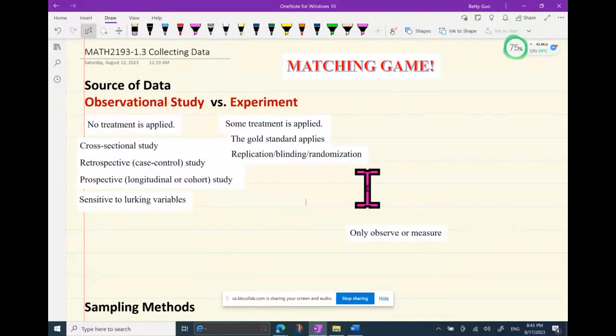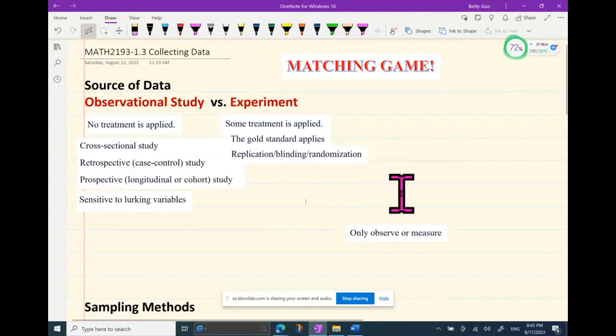Then why don't we just do experiments? Because many times we cannot, it's unethical. For example, you want to know if smoking really causes lung cancer. How do you do an experiment? You ask people to smoke and see if they get cancer. That's not good.